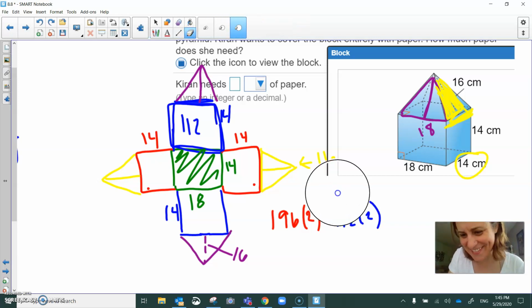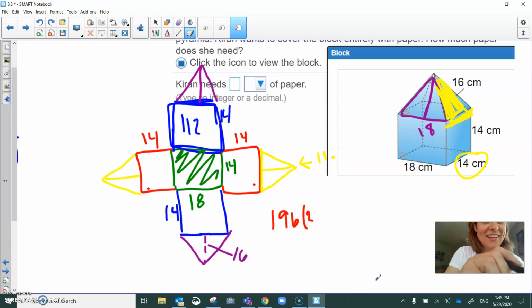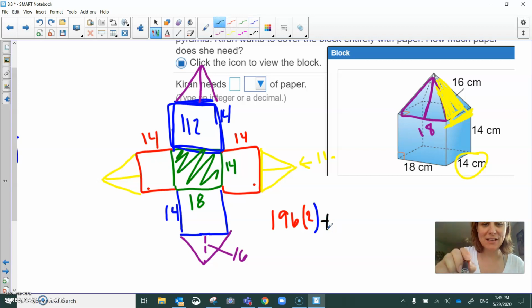I just really don't want to start over. I don't know if you can tell. All right. 196 times 2 plus the blue one is 14 times 18, which is not that, 252, and there's two of those.